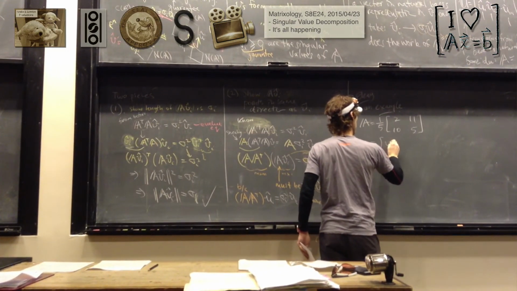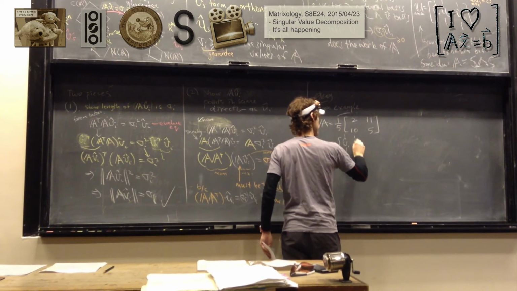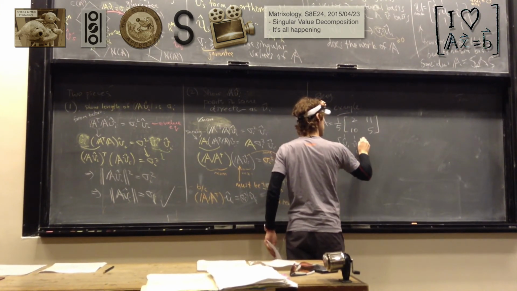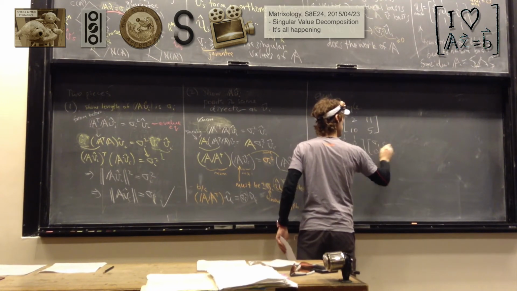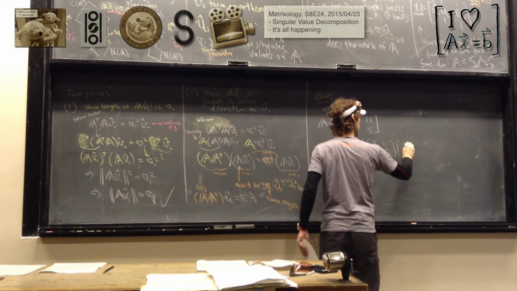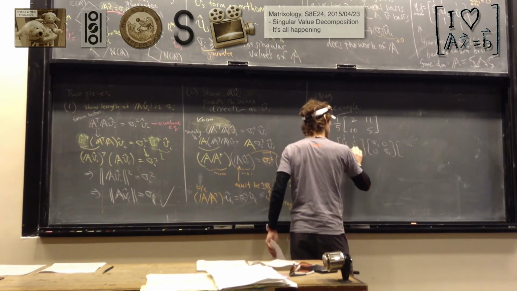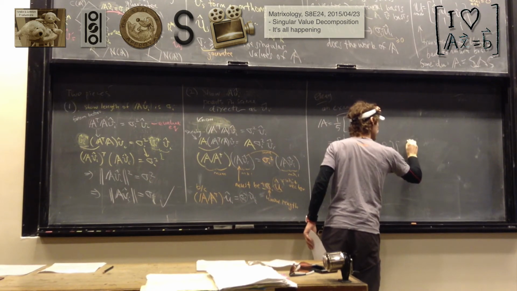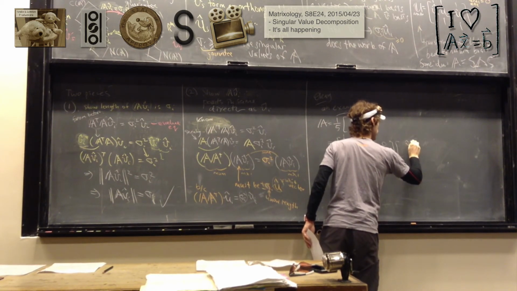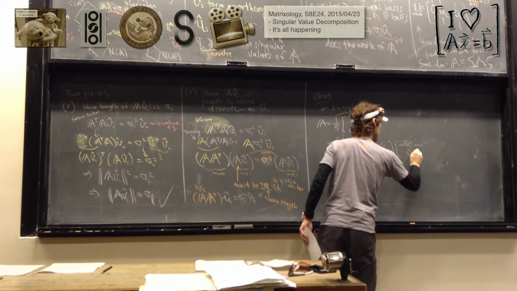It's going to look like V1 hat, V2 hat, it's a 2 by 2. There'll be some singular values in here. And then over here there'll be the U's. And the V's are here. This will be V1 hat transpose, V2 hat transpose.